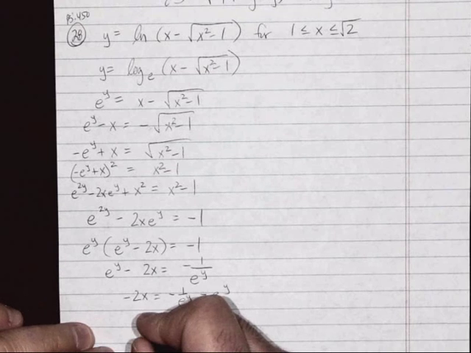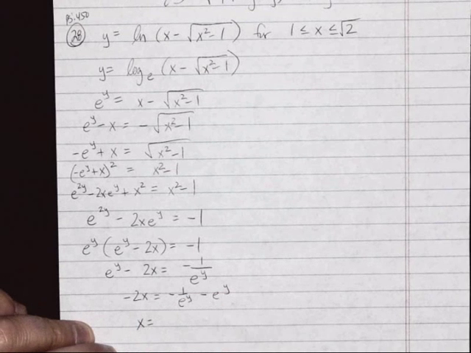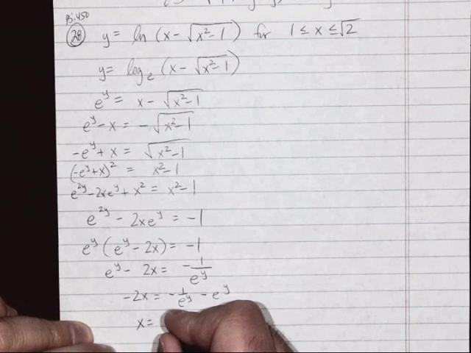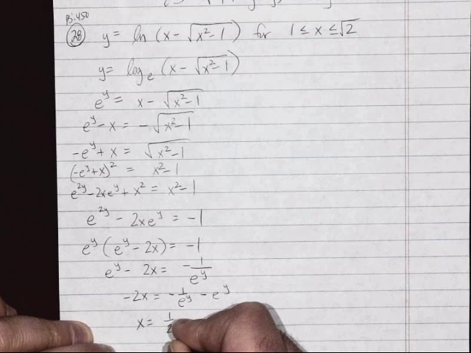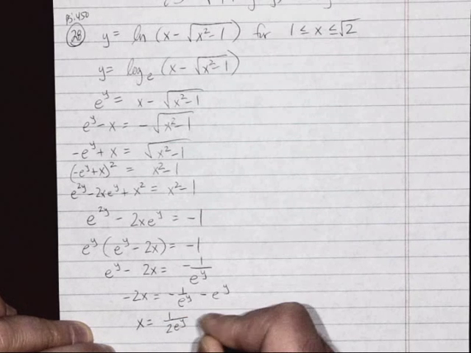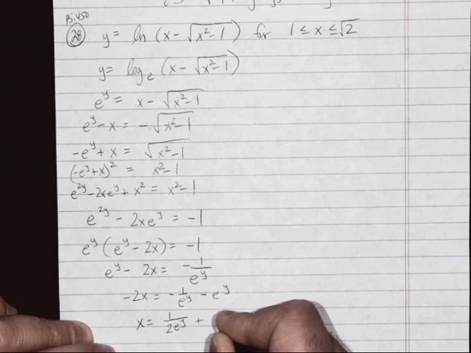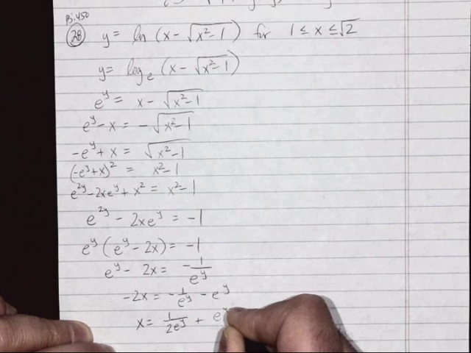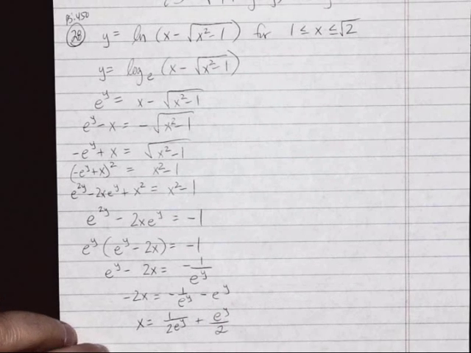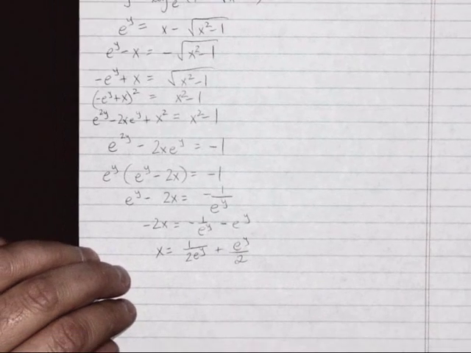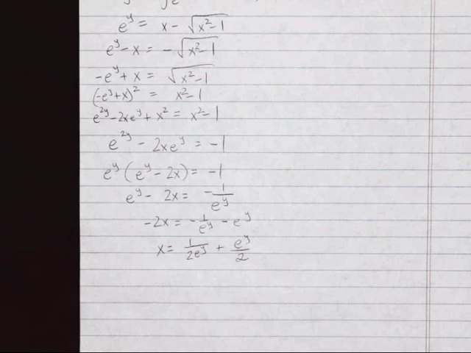That might be the best way to think about it. Times by negative 1/2, and so I'm going to get this. And now it's solved for x.